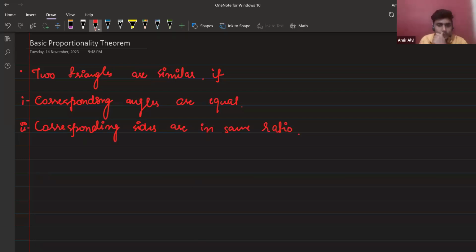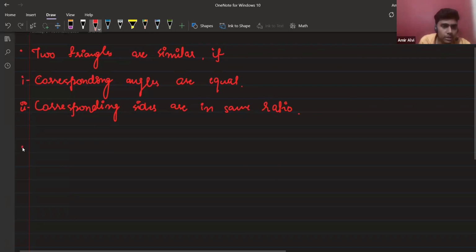Okay. For this, we have the first theorem, which is called the basic proportionality theorem. The first theorem is theorem 6.1.